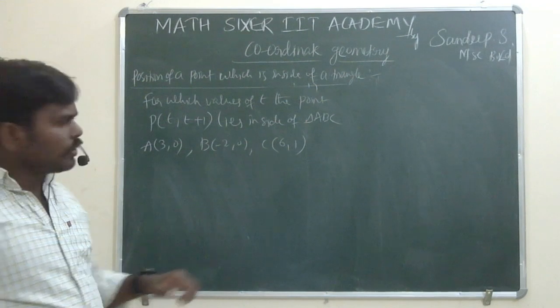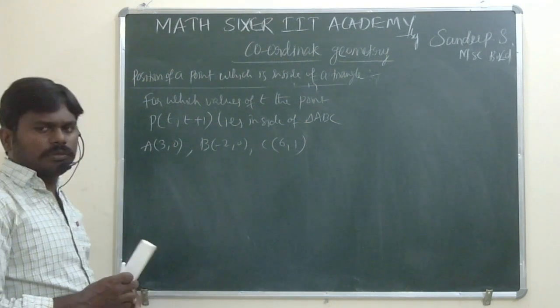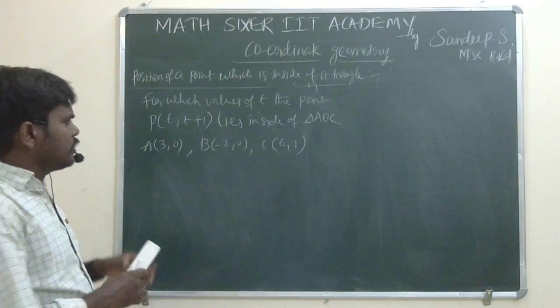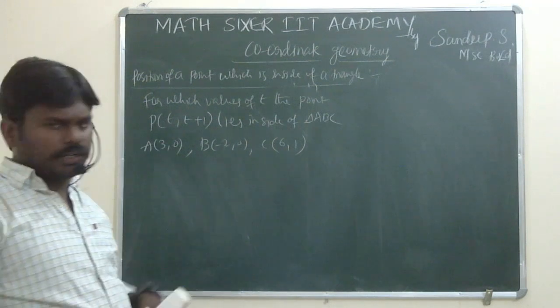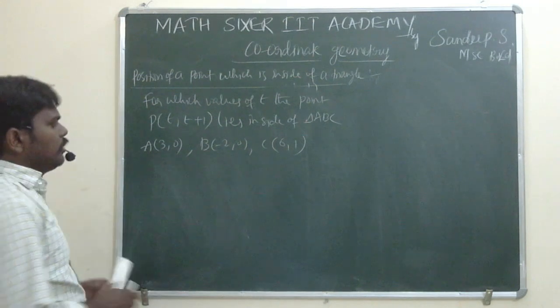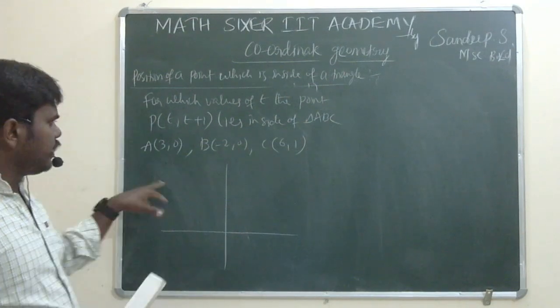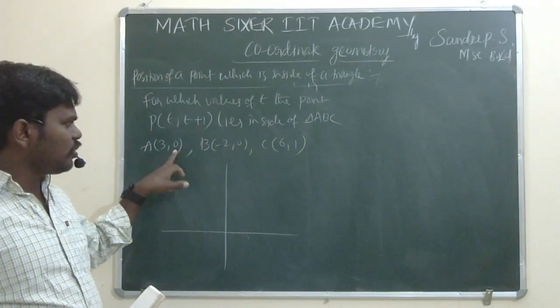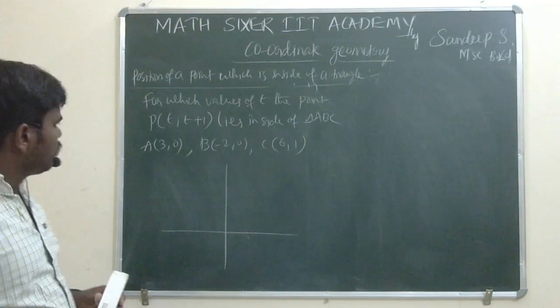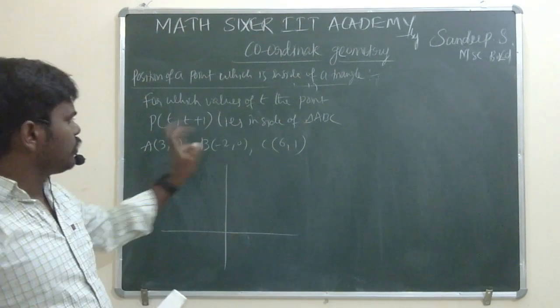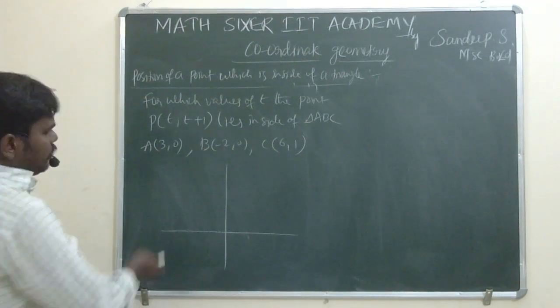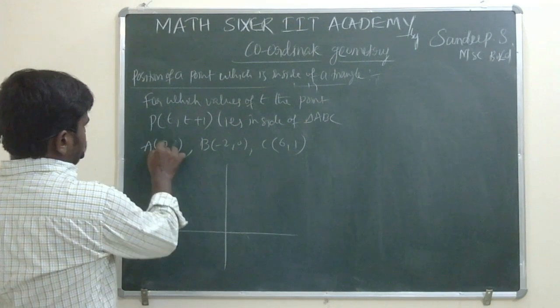Okay, so first of all, what is our first step in this? First we have to draw the rough diagram with the given information. So here ABC are given. It is very clear that here 3 comma 0 means it is on the x axis, and minus 2 comma 0 as well. Better, here just take 0 comma 3.